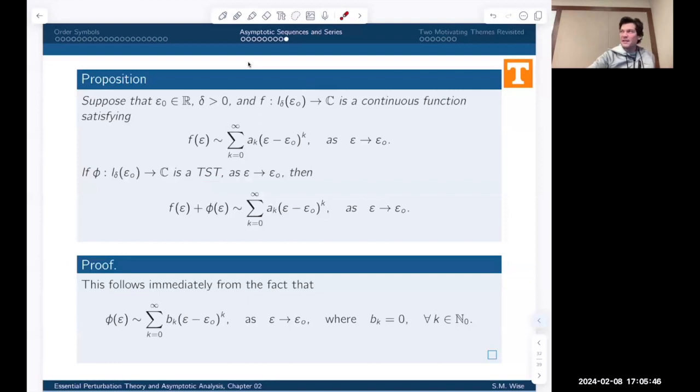Another way of saying that is that phi is equal to the power series, sum over k equals 0 to infinity, of 0 times epsilon to the k as epsilon goes to 0.